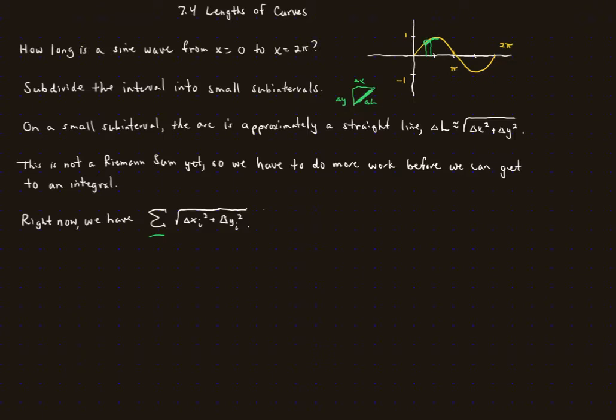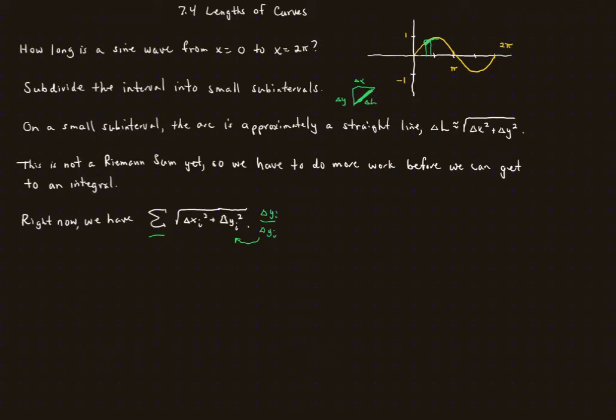We will multiply top and bottom by a delta y sub i. We're multiplying by 1 in this particular form. When we bring this delta y sub i into the radical, it's going to be squared, because the square root of delta y sub i squared is delta y sub i.